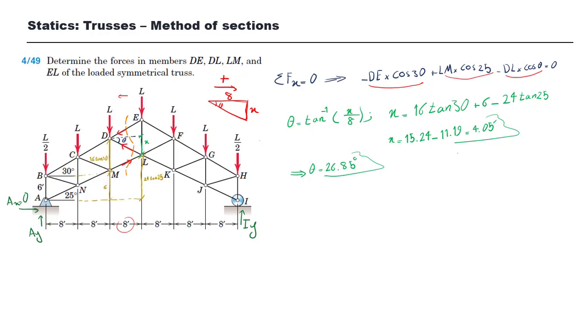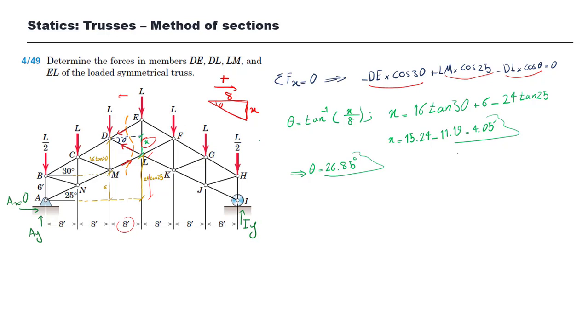In order to calculate the length of x, I subtract this length, which is 24 tangent of 25 degrees, from these terms, that is 16 tangent of 30 plus 6, which gave us the length of x, 4.05 feet.